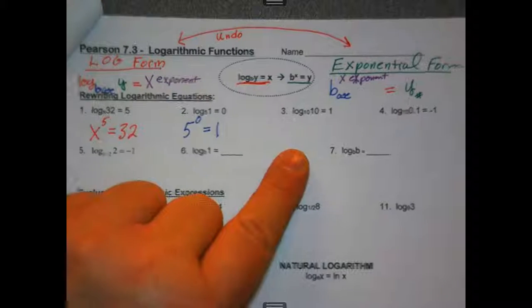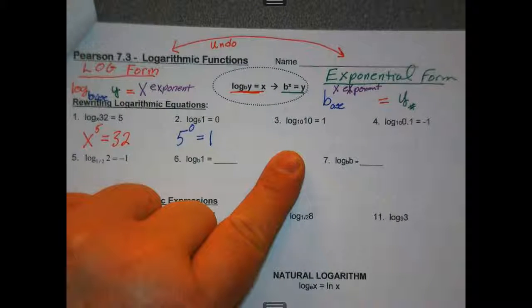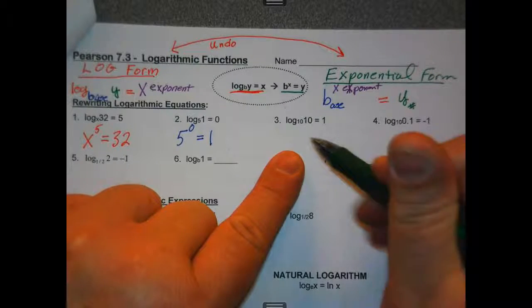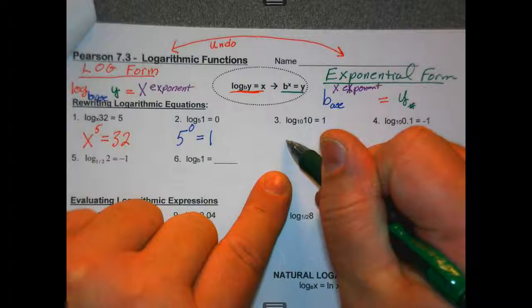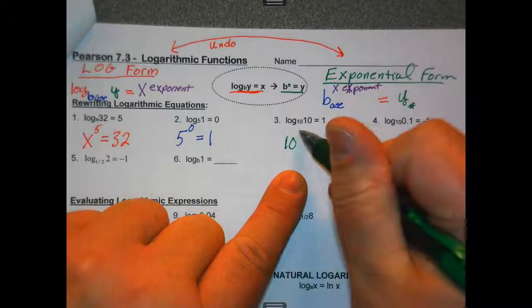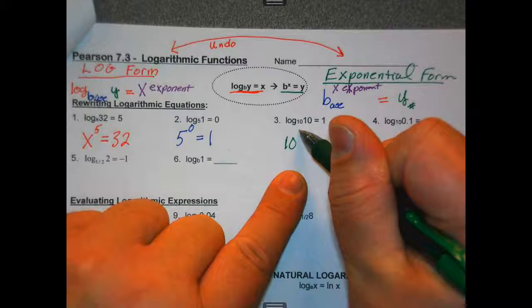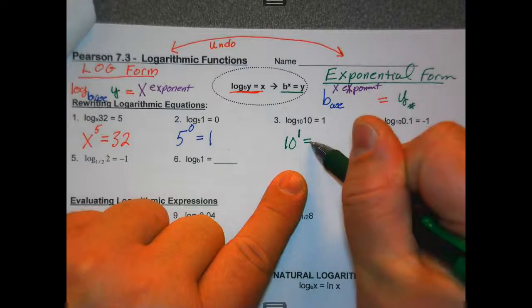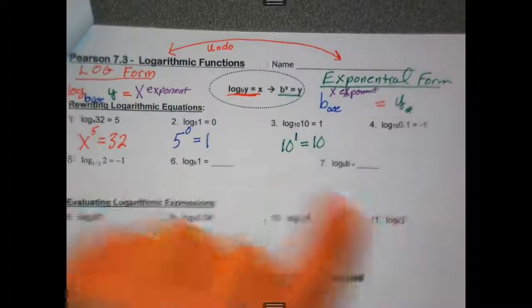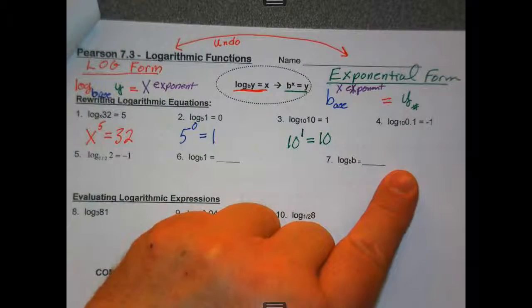Okay. Get the number. Number 3. What's my base? Okay, what's my exponent? And what's my solution or y? Is 10 to the first 10? Beautiful. Perfect. Number 4. My base.